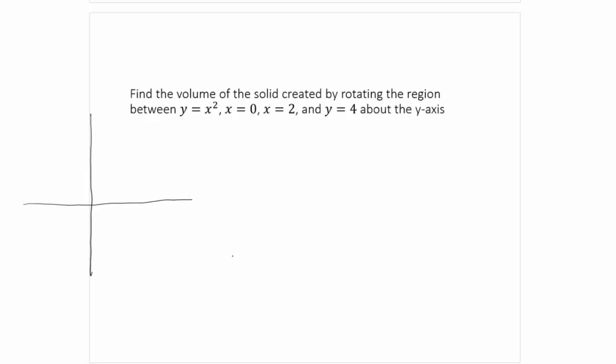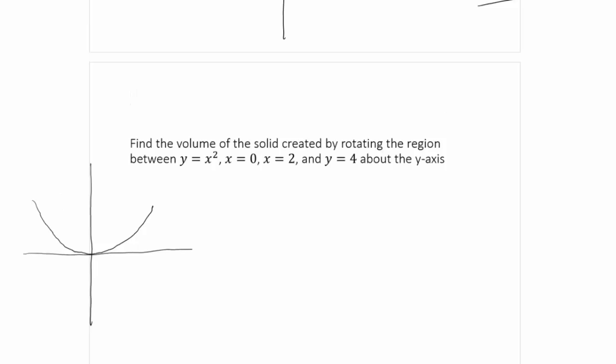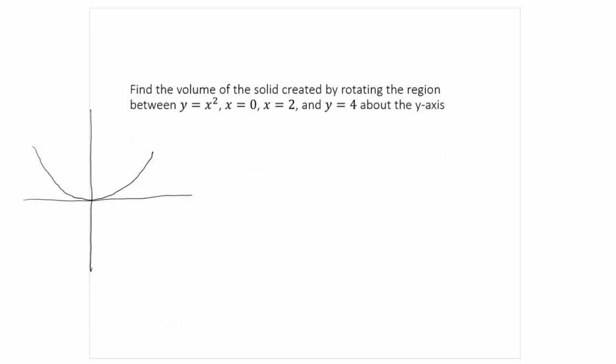All right, y equals x squared. That is our basic parabola. x equals 0 is the y-axis. x equals 2 and y equals 4.